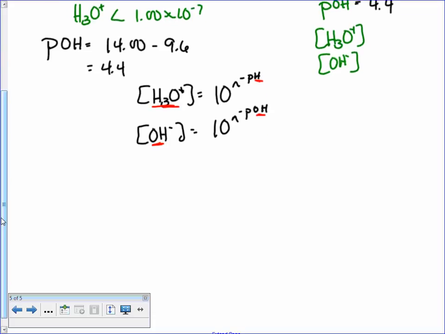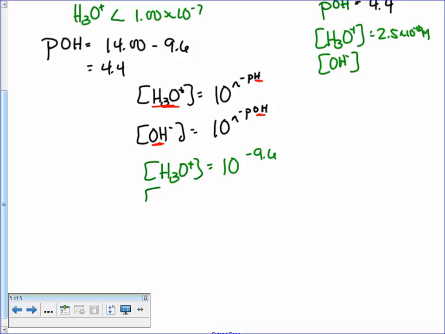Okay, so for this problem, the hydronium concentration is 10 raised to the negative 9.6, and that is 2.5 times 10 to the negative 10 molar.